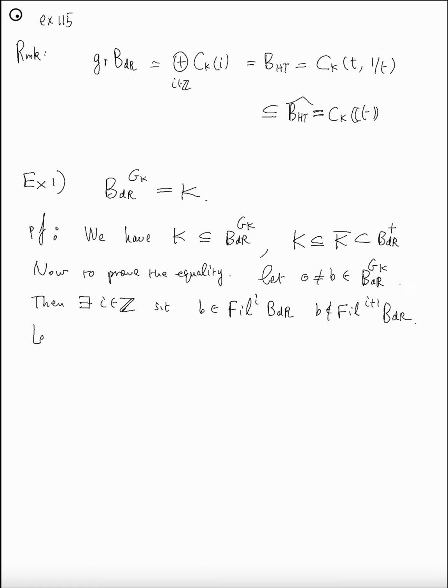Now let b bar be the image of b in the quotient of this Fil^i by Fil^(i+1) of B_dR, which is isomorphic then to C_K(i).